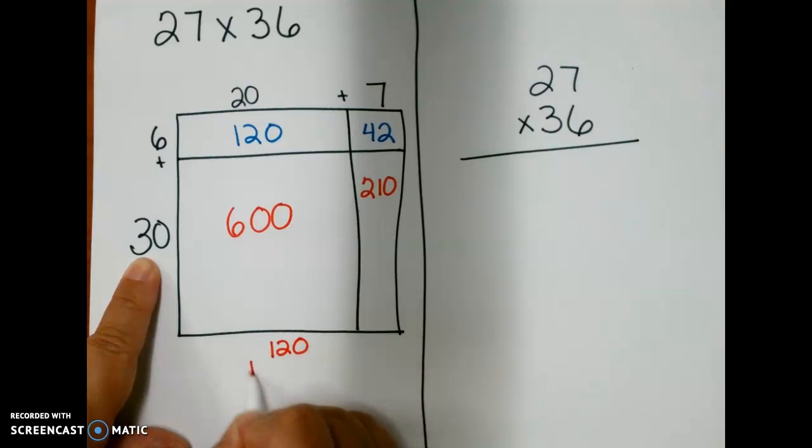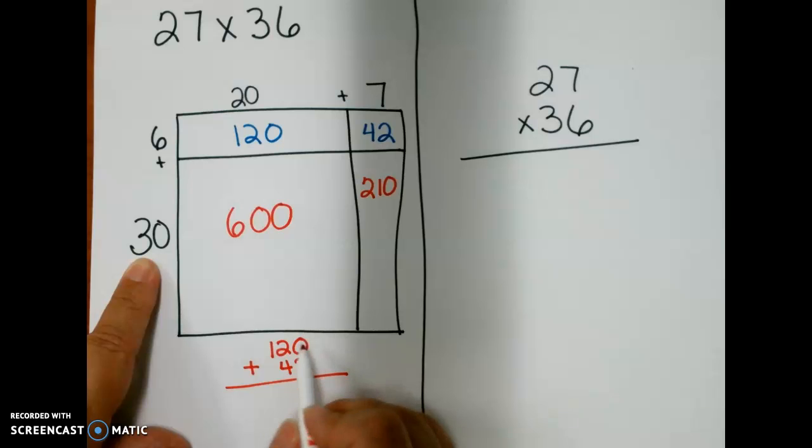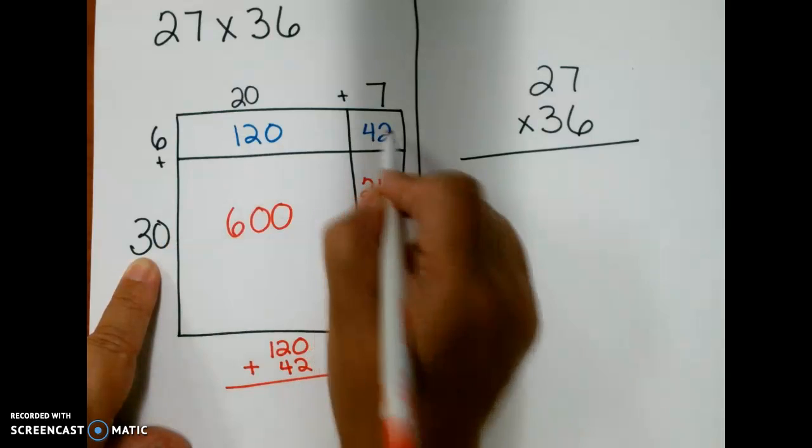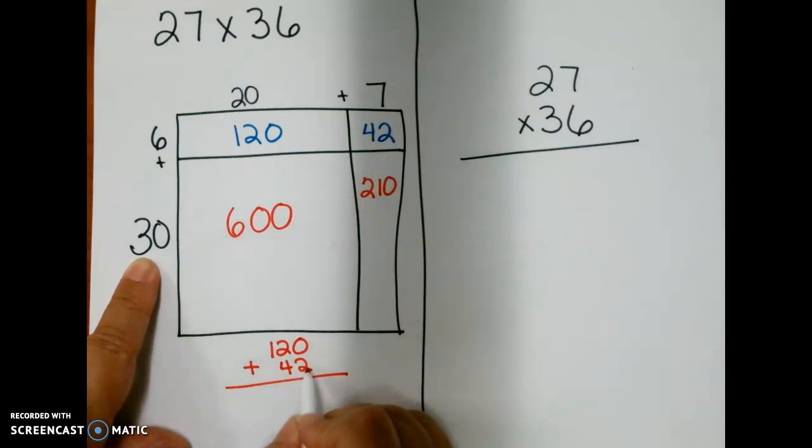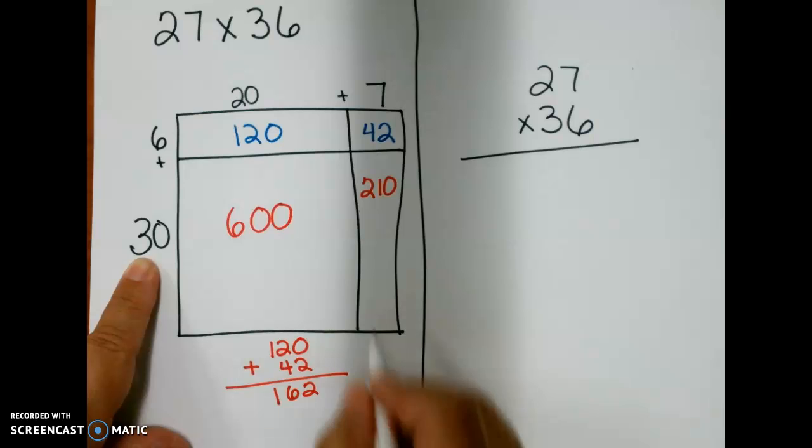Now when I add those together, 120 plus 42. Let's add these in pieces this time. So I'm going to add my first step first. 120 plus 42 is 162. And then I'm going to add 210 plus 600.